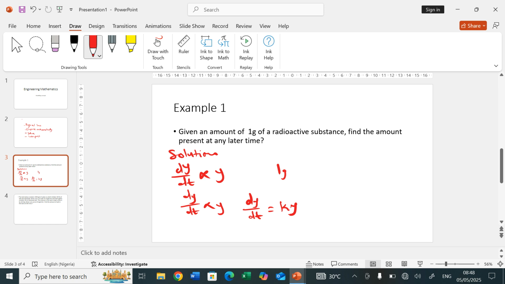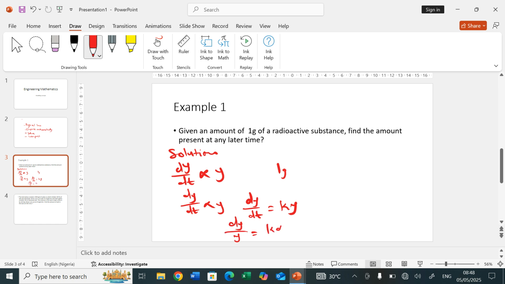Having done that, we can now rearrange the terms to have dy/y equals k dt, and the integral of dy/y is ln y, which gives us kt plus the constant of integration, c.